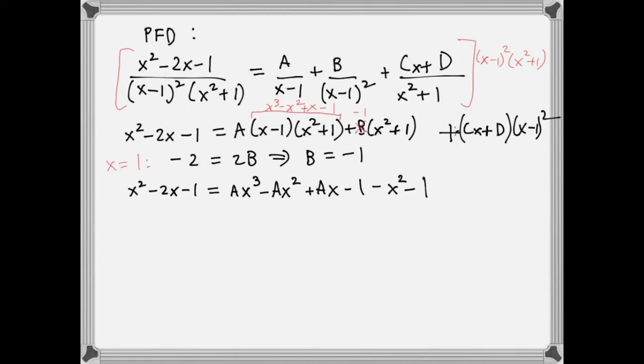This is not going to be fun, right? We have x squared minus 2x plus 1, and then I'm multiplying that by Cx plus D.